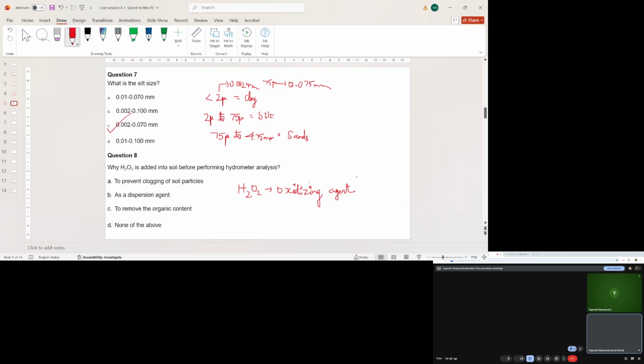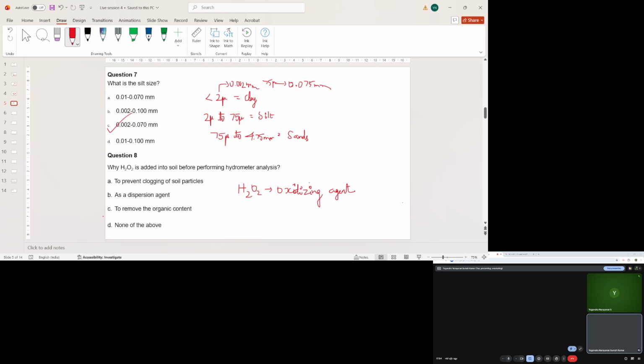One of the best ways is either by heating, which requires higher temperatures, more than 440 degrees centigrade, or by using an oxidizing agent, usually hydrogen peroxide, which can be added to the soil to decompose the organic matter by oxidizing it.